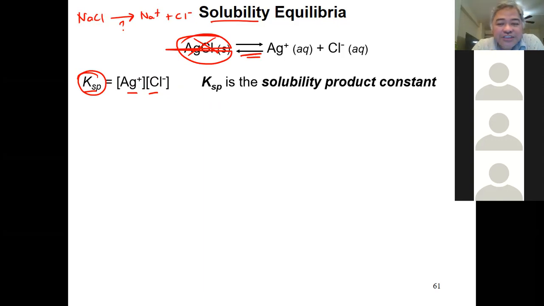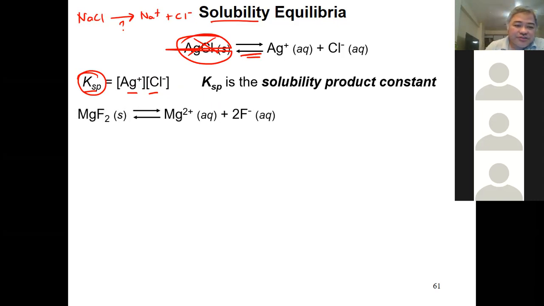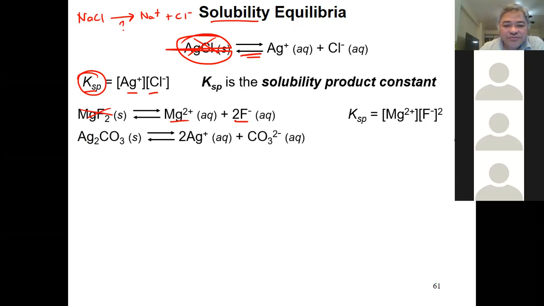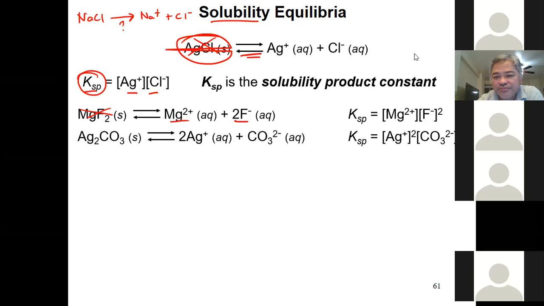And the way you write the Ksp is the same as what you learned in your equilibrium. So if you have this, you don't include this one, you just write this. So you can have the solubility product expression like this one. If you have this one, you can write it this way. Okay?